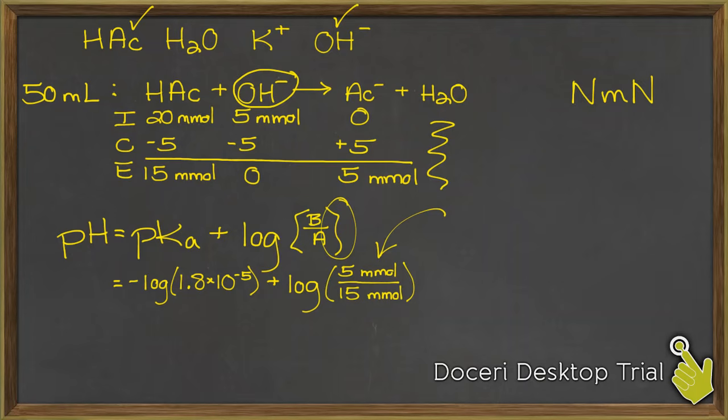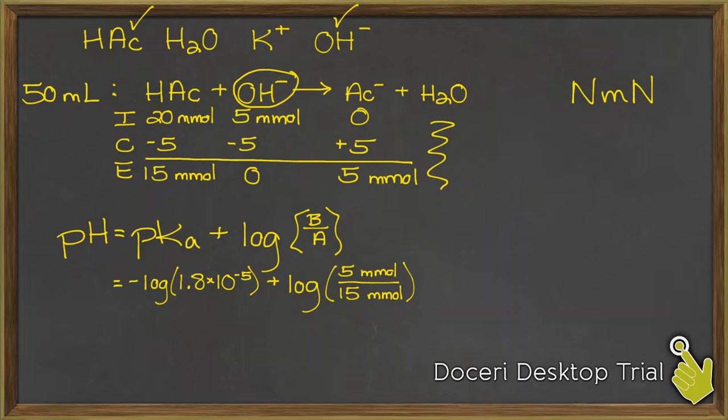Well, guys, it's not going to end up mattering, because even if I did turn 5 millimoles and 15 millimoles into molarities, I would be dividing both of those numbers by the same total volume, and the volume ends up getting canceled out. So it is perfectly okay at this part of the Henderson-Hasselbalch equation, you can plug in moles or millimoles. That is okay.